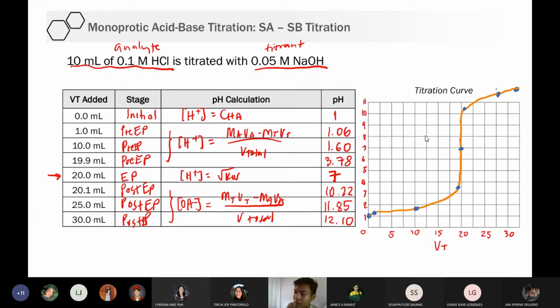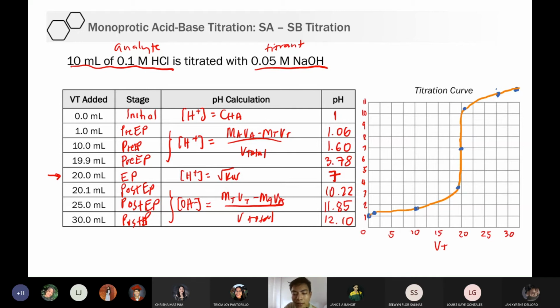Again, what is an inflection point? That is a part of the curve where the slope is changed drastically. Then, eventually, magpa-flat out uli yan. So, that's the titration curve.